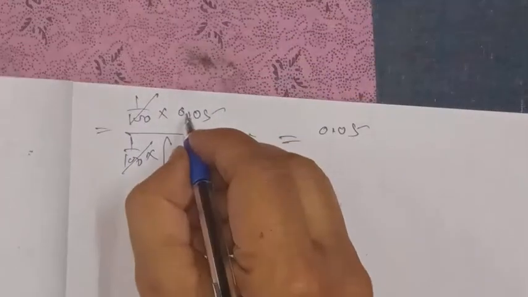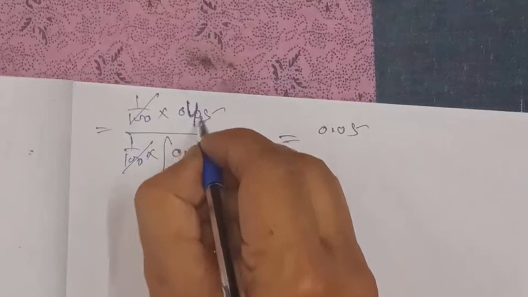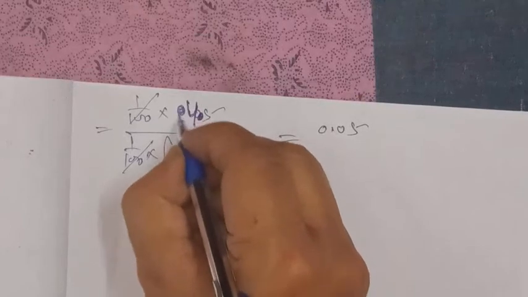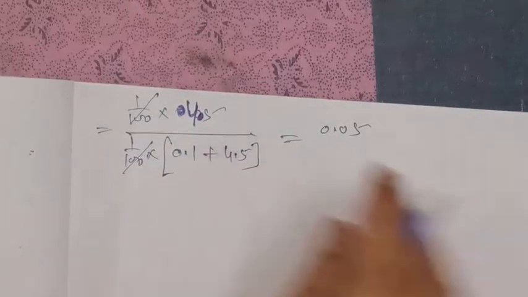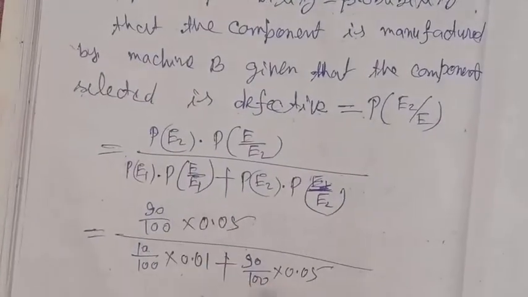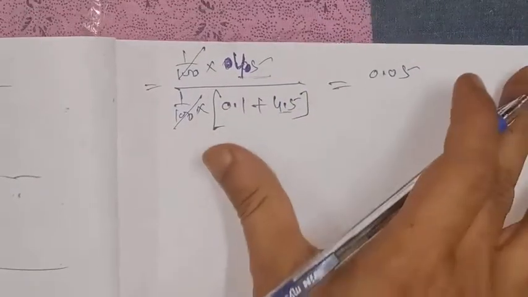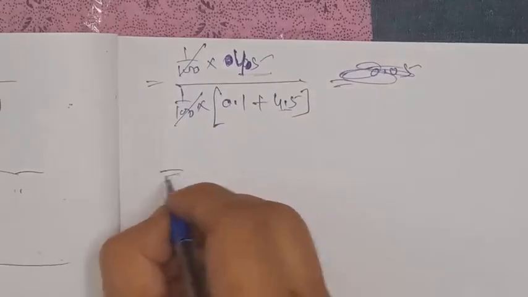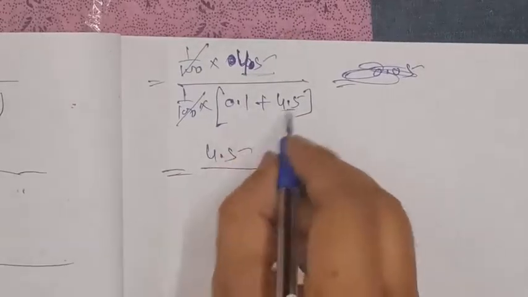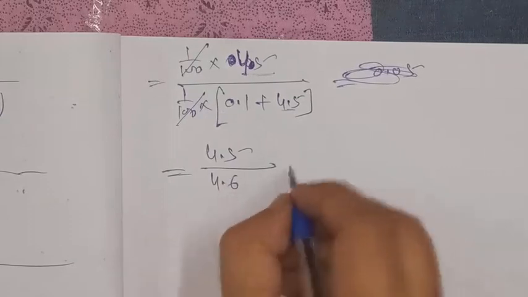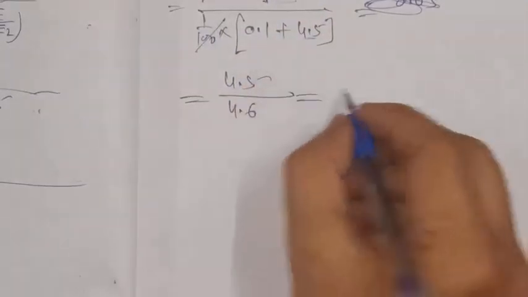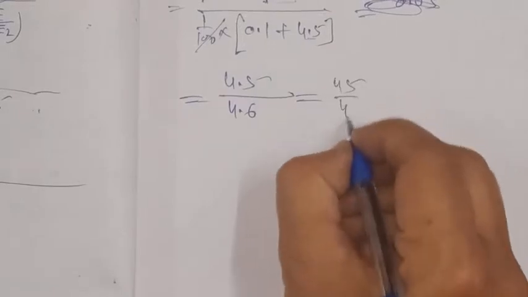Here is a mistake done by me, so you write this value, because this value is equal to this. I write here 4.5 upon, on adding, 4.6. Terminating the point from numerator and denominator, we can write 45 upon 46, which is the required probability for the second case.